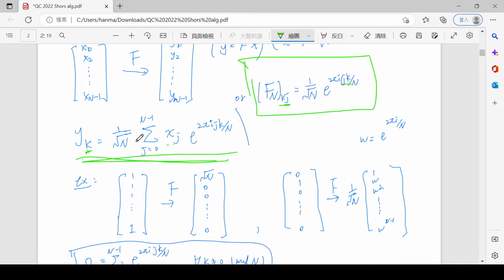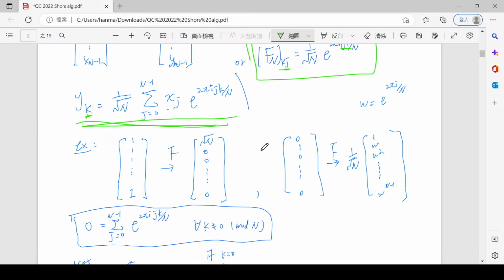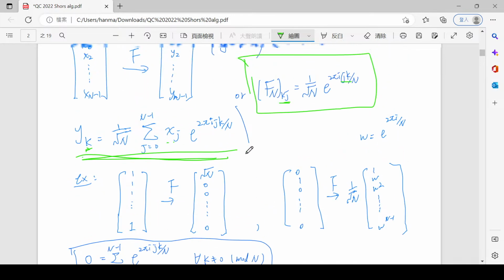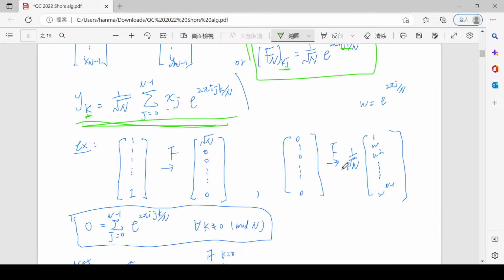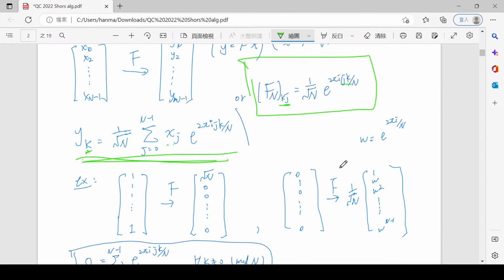Then let's see some examples of vectors being transformed. The first example is actually very important. For now, we are not thinking about quantum states, so we can have whatever vector as input. We can think of this as some classical signal, a constant signal, 1, 1, 1, 1, 1.